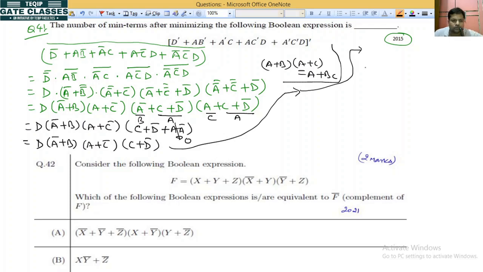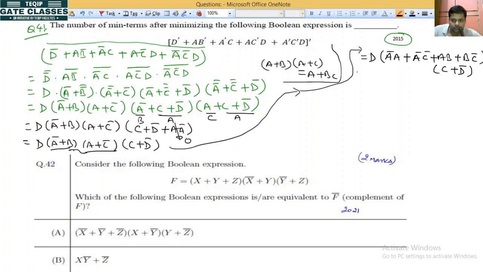I am going to solve here. We multiply these two, and we will get D times A bar A plus A bar C bar plus AB plus BC bar, and again we have to multiply it with C plus D bar.